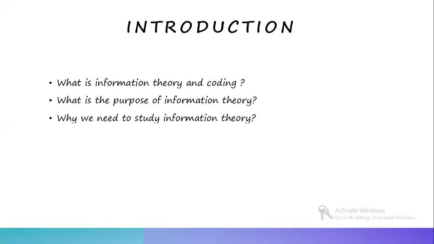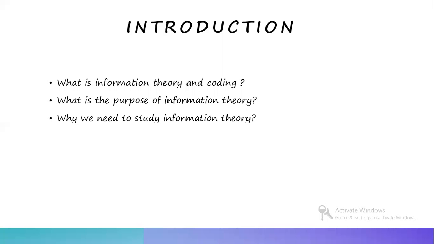Why we need to study information theory? We need to study information theory for feasible transfer of data, for practical implementation, that is, with less time and more speed. This is basically an idea about what is information theory and coding, what is the purpose of information theory, and why we need to study information theory.